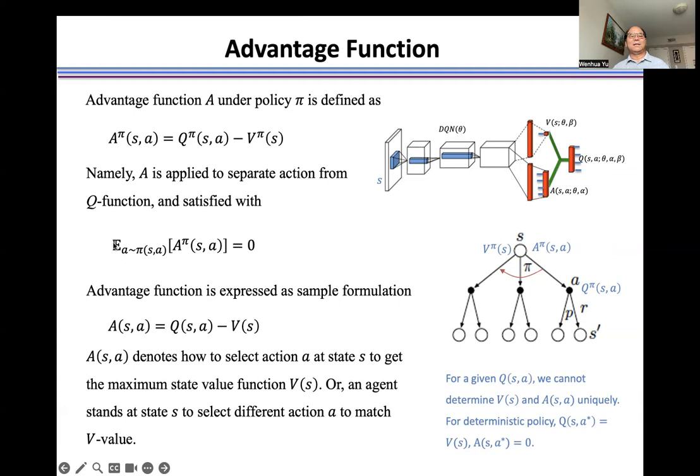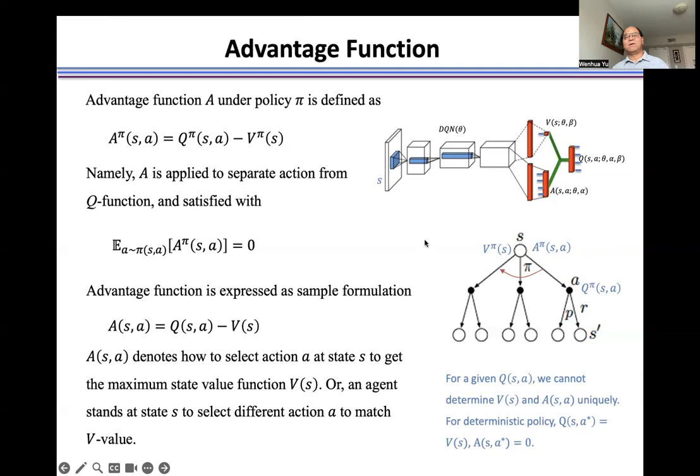This advantage function satisfies this equation, because when we calculate the expectation of Q and V, they are equal, so this is 0. This is in the expectation formulation. In the sample formulation, we can define A simply as Q minus V.